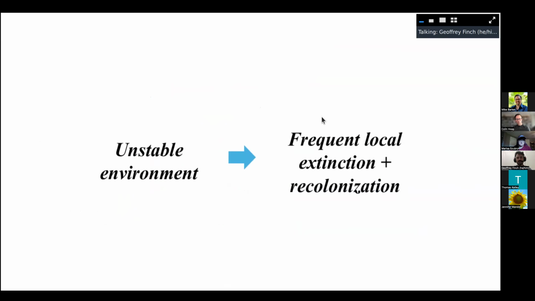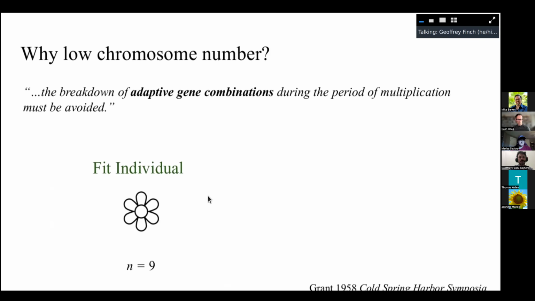The underlying logic of this hypothesis is that in an unstable environment, annuals are going to be subject to frequent local extinction, which then gives rise to them frequently dispersing to disturbed habitats and having to recolonize those habitats.